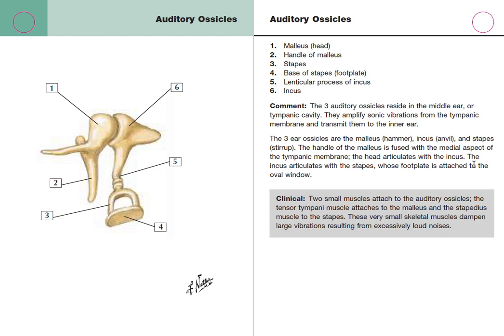The tensor tympani muscle, which attaches to the malleus. And the stapedius muscle, which, as the name implies, attaches to the stapes. These very small skeletal muscles dampen large vibrations resulting from excessively loud noises. So again, the 2 small muscles attached to the ossicles, the tensor tympani muscle and the stapedius.